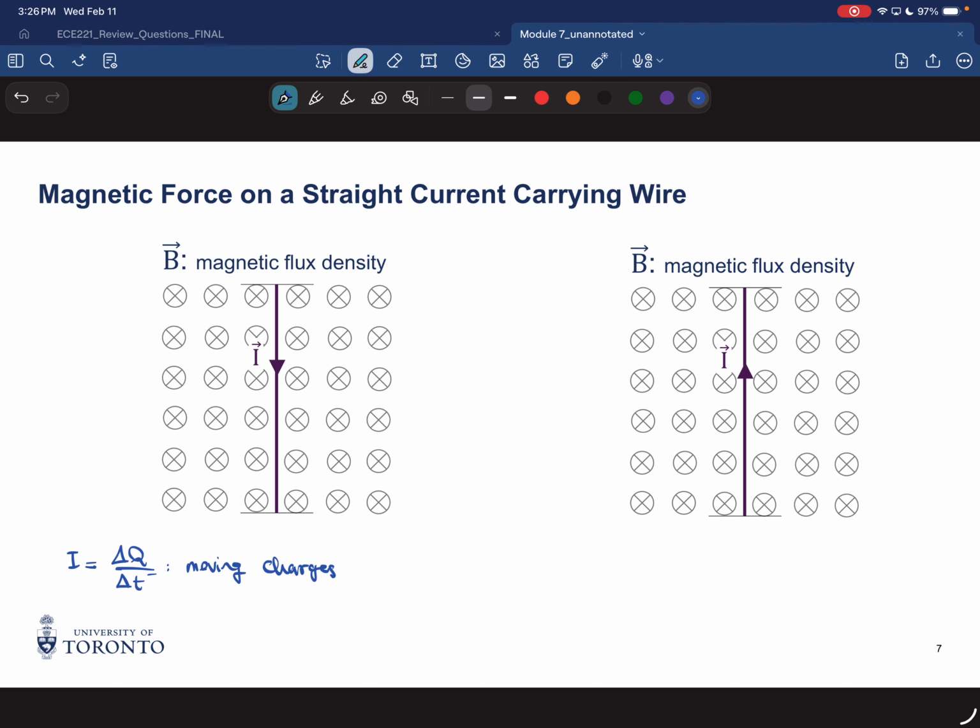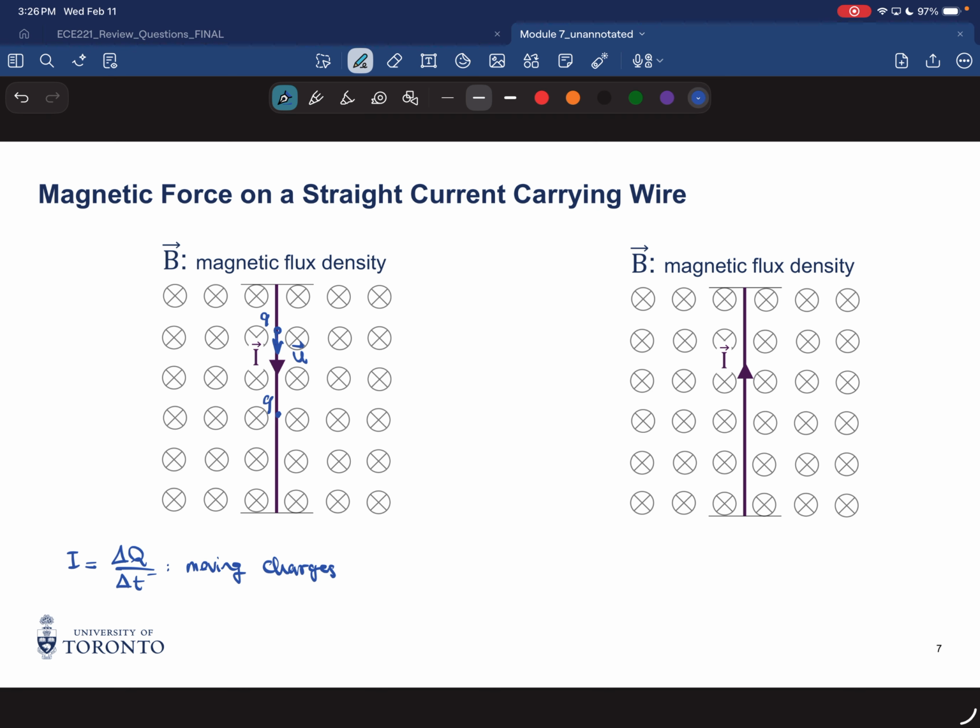So a Q is going from this direction, one electron let's say, to this point. It's as if U is in this direction.